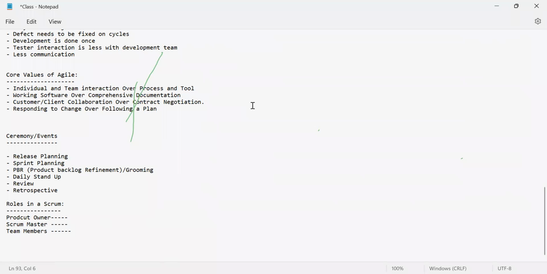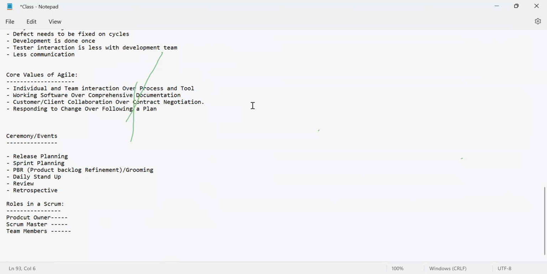A story is a small functionality that needs to be developed, nothing but the requirement. And your question was very much valid: developers give separate story points, testers give separate story points. Was that your question?